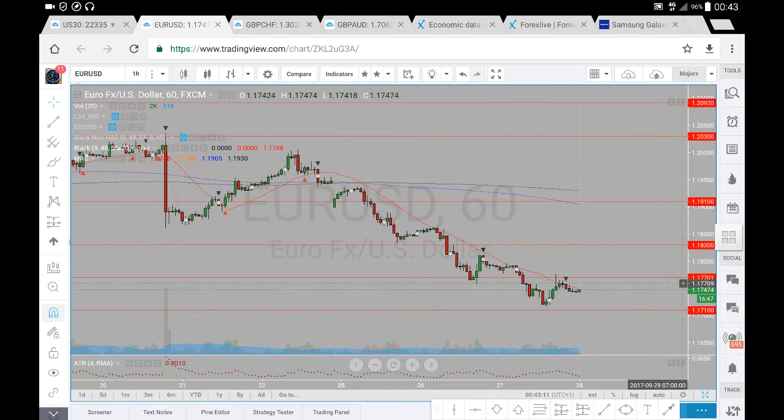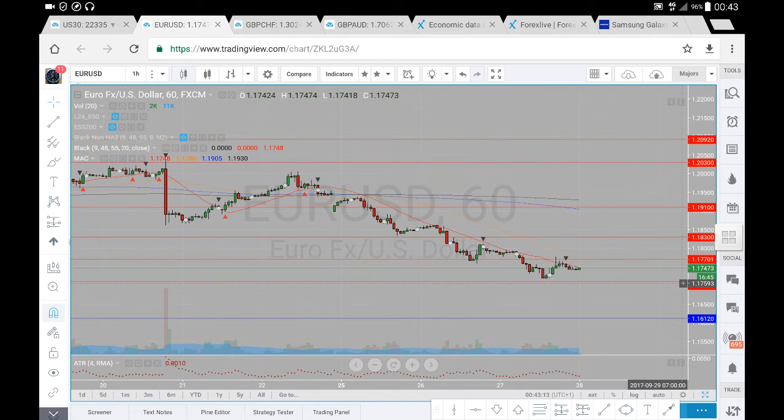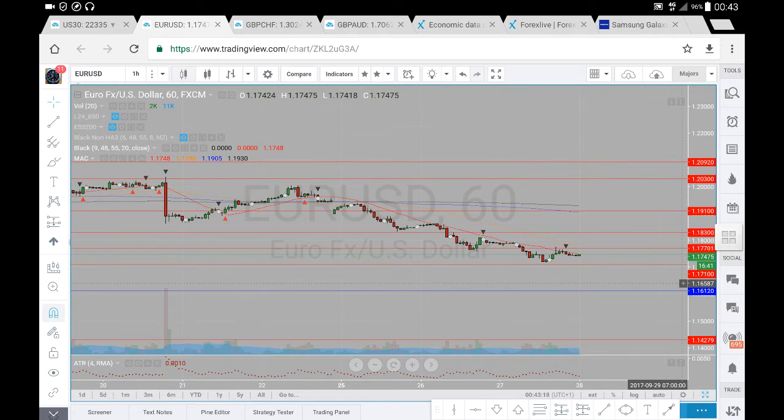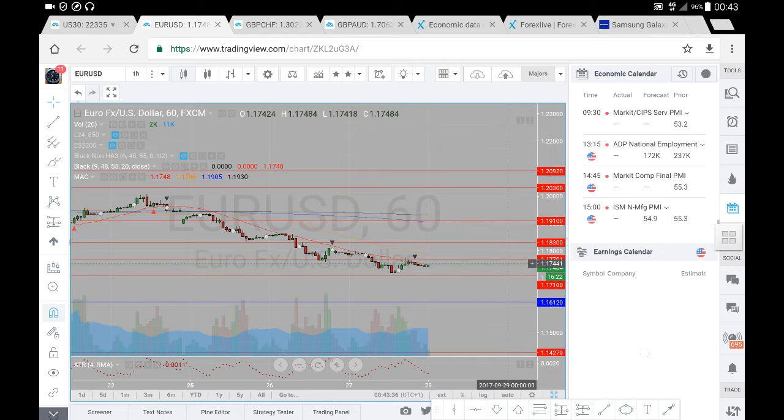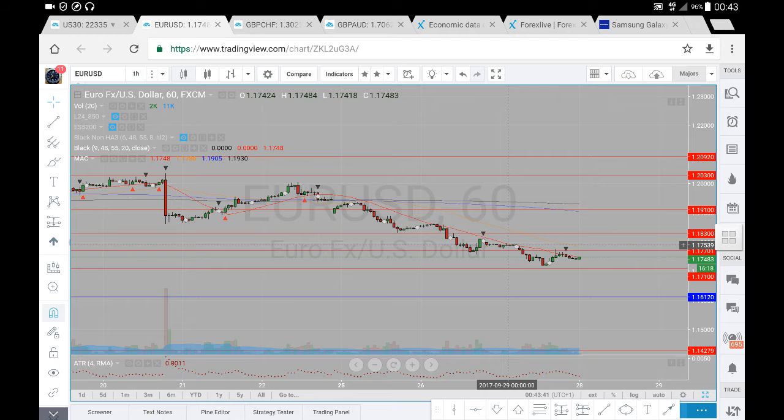Then below that, if price does continue, 1612, it does seem quite a bit away, 1612, but I suppose we are within range of it. Now we do have 2 days to the end of the week, and let's just have a look here if I can get my calendar to come out. No, wrong calendar. Let's just see.